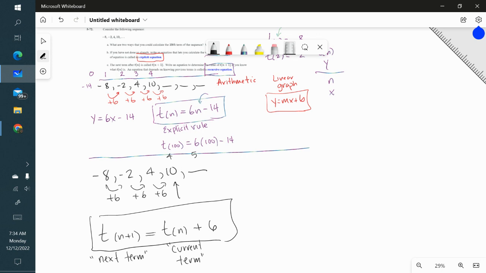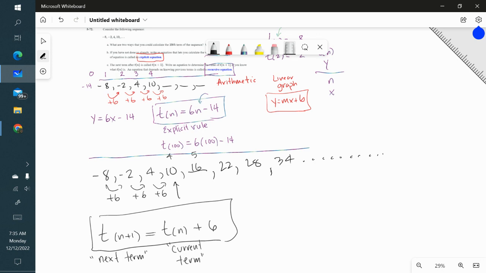And you could do this forever. 16, 22, 28, 34. I could do that all the way out to any term I want, but it's not terribly efficient. So this is what's called a recursive rule. A recursive rule is one that allows me to get the next term by doing something to the current term.